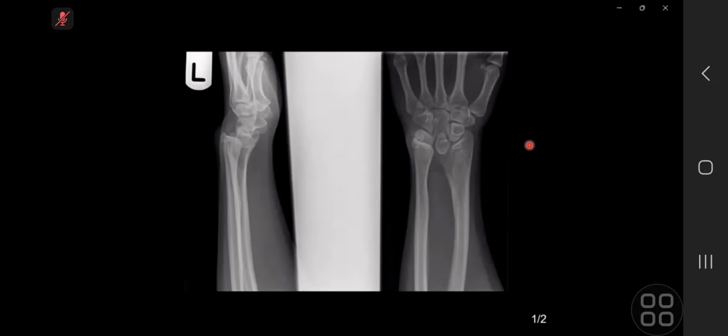So this is a frontal and lateral radiograph of the left wrist. There is an apparent abnormality in the position of the carpal bones and the distal radius. It appears to be V-shaped in origin, and there's also some widening of the radial arms.